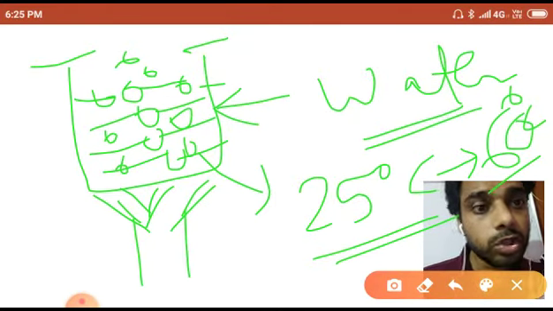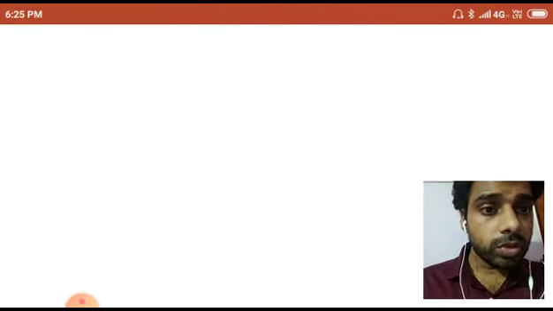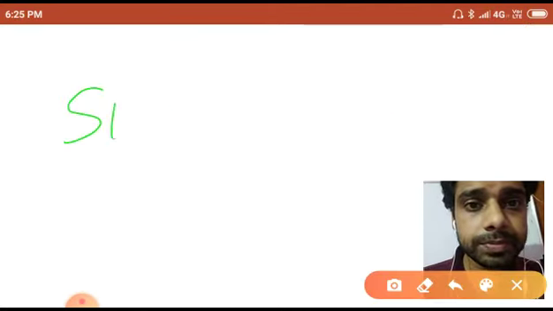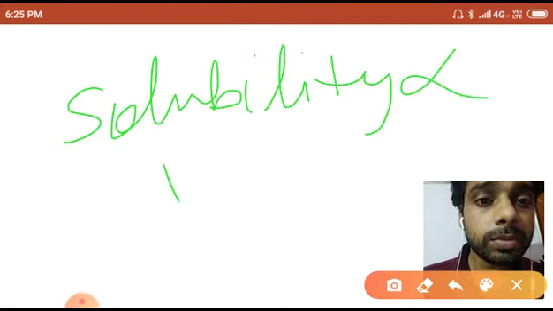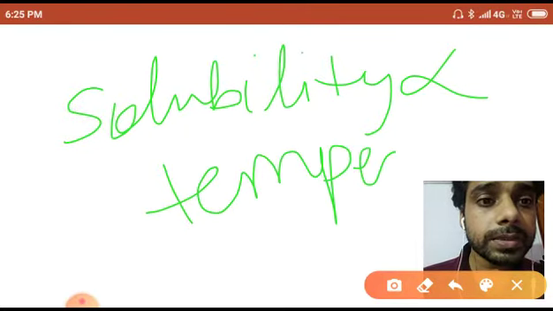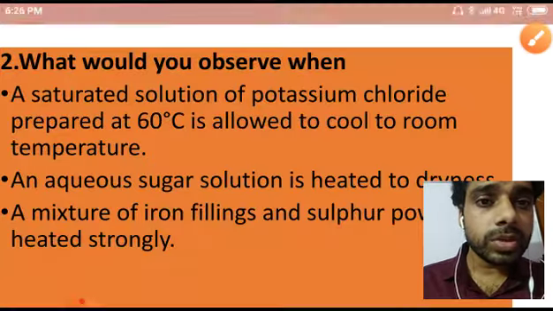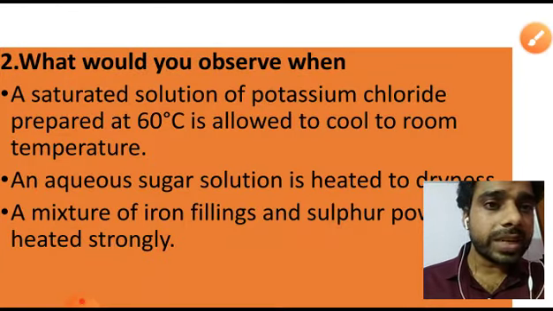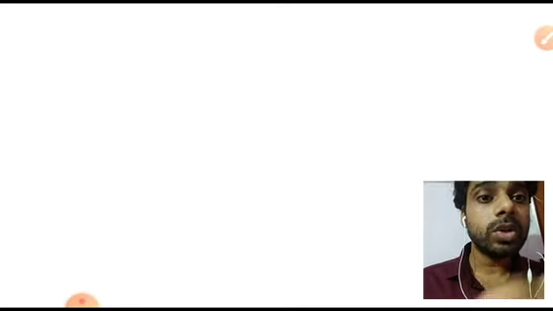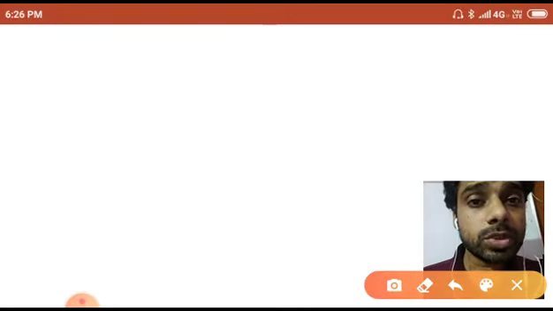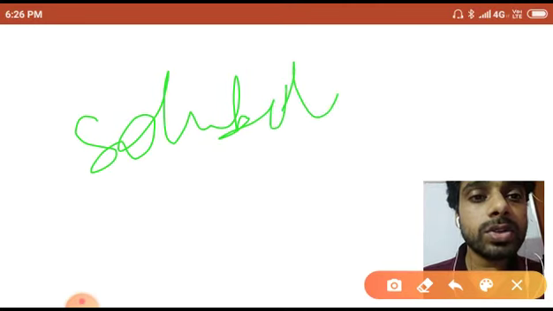So you can say solubility has a direct effect: solubility is directly proportional to temperature. Now in the question, a saturated solution of potassium chloride prepared at 60 degrees C is allowed to cool to room temperature. What will happen?